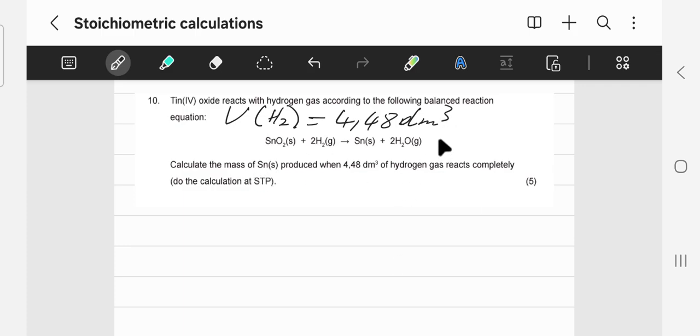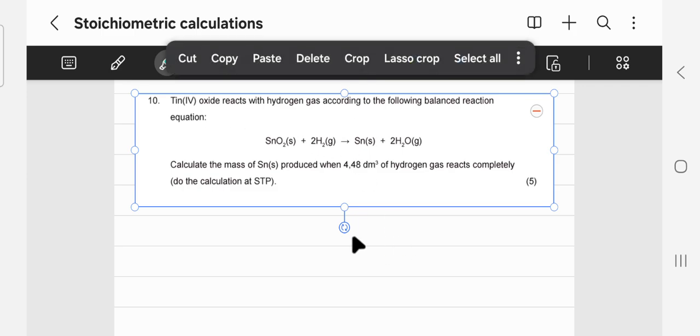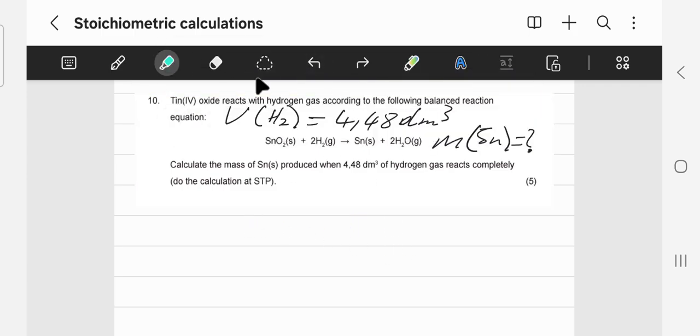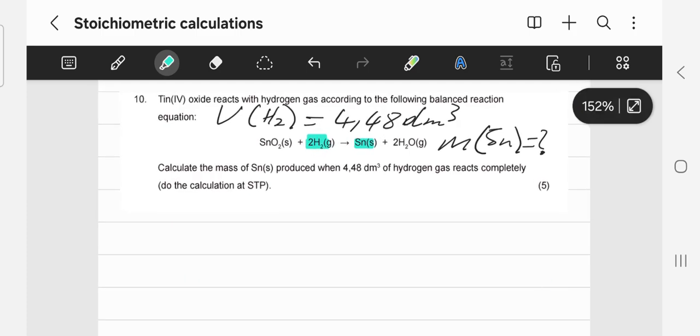We are looking for the mass of Sn. And I'm writing this down so that we know which two substances are going to be looked into. So we'll be looking at Sn and H2, right? So those are the two substances that we'll be dealing with.